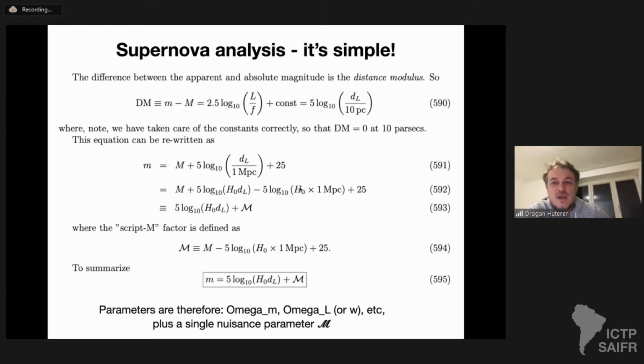If you have A plus B and then A plus B cubed and then e to the minus quantity A plus B, you can never solve for A and B. You can only measure the combination A plus B, right? So here, this combination, capital M minus 5 log H naught, travels together, and you can never break it. And that's now the only place where H naught enters, because remember, this doesn't depend on H naught. That's why you multiplied. I hope this helps.